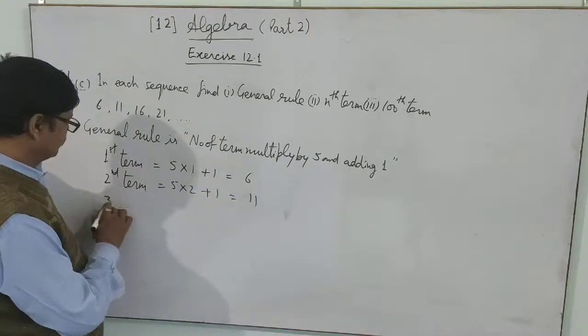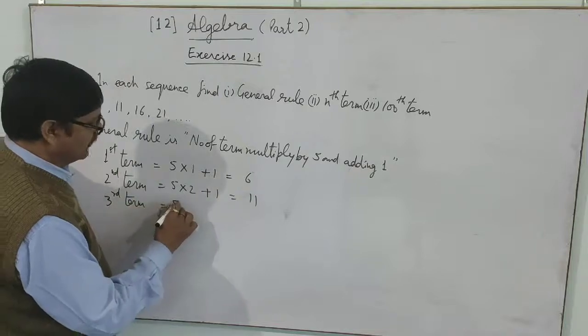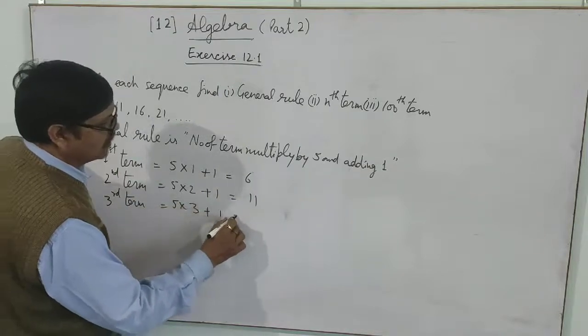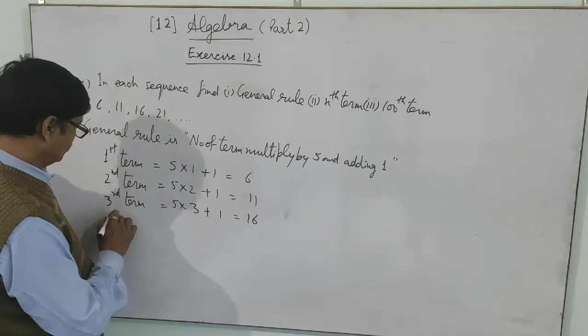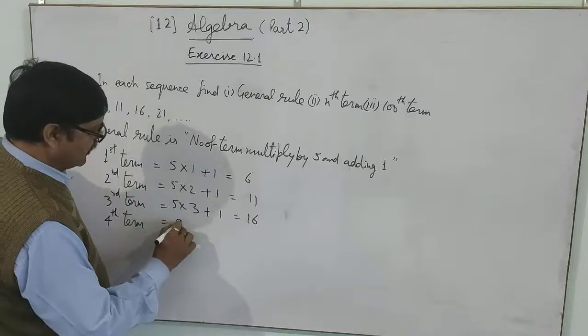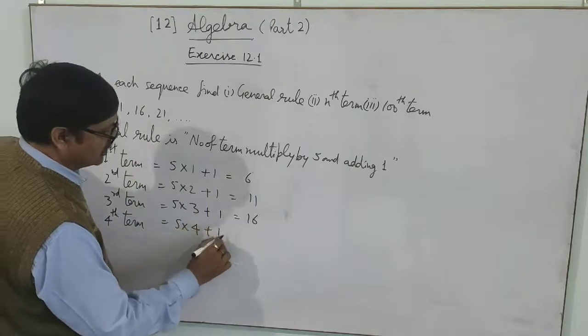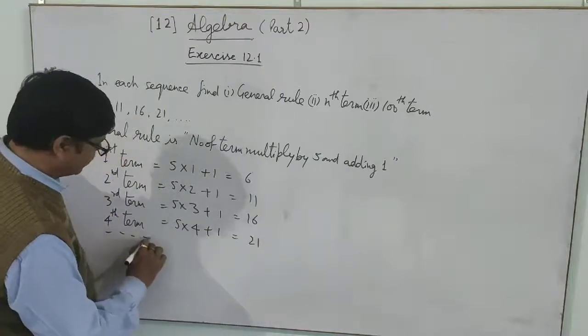Third term, 5 into 3 plus 1 is equal to 16. Fourth term, 5 into 4 plus 1 is equal to 21, and so on.